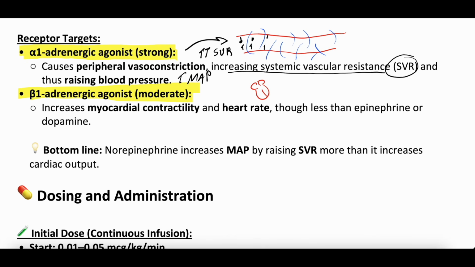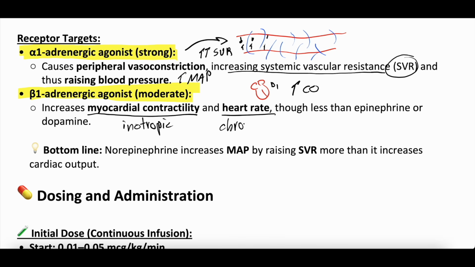And beta-1 receptors in the heart cause an increase in myocardial contractility. It increases cardiac output. It increases how hard that heart is squeezing. It can also increase heart rate a little bit. So it has inotropic effects, which is what we call an increase in contractility.